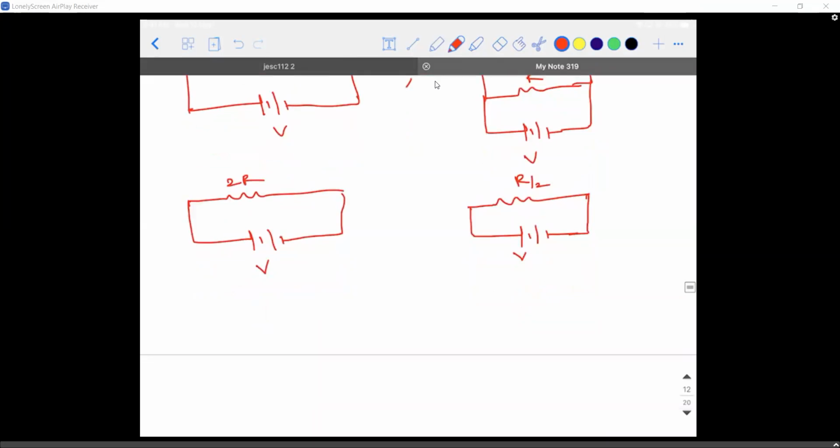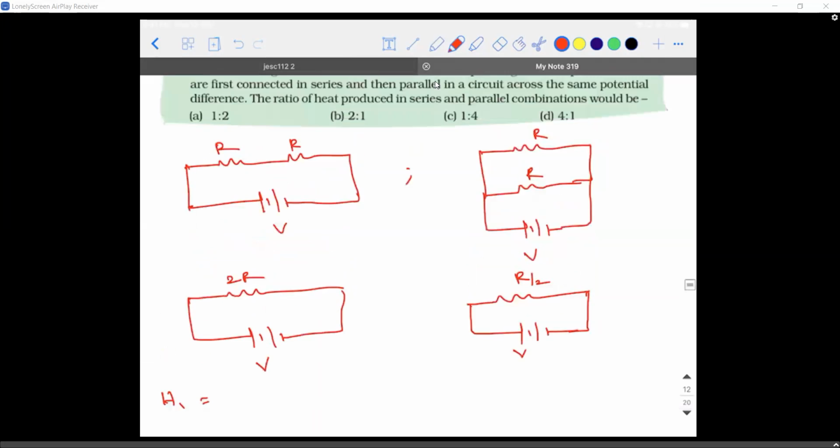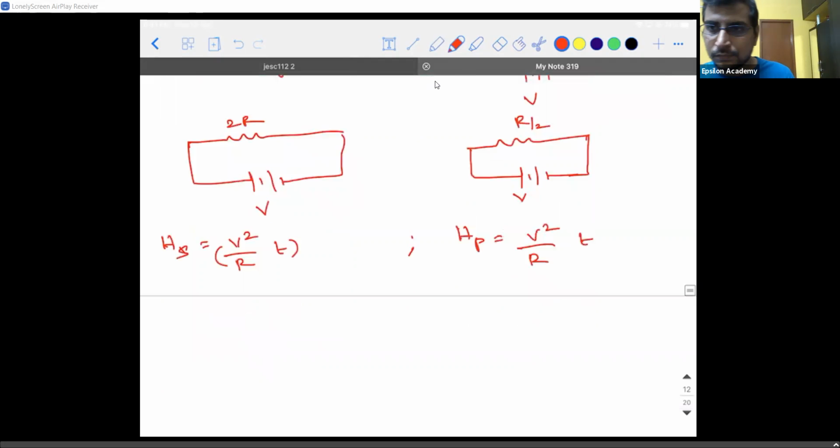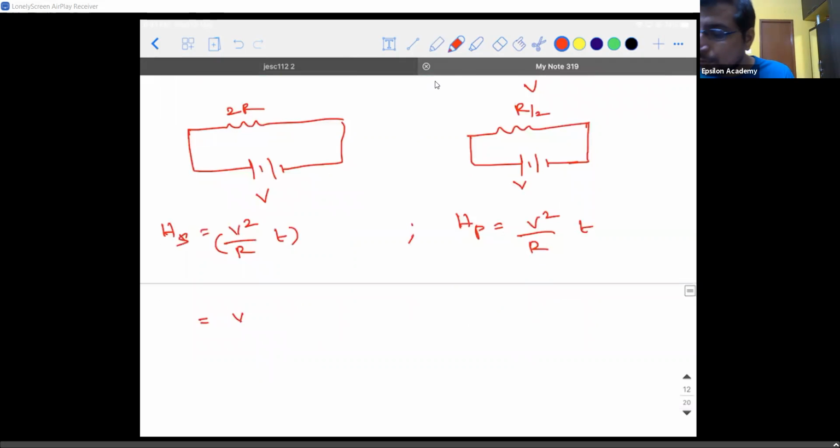Okay. So heat in the first case will be, I can either use I square RT or V square by R into T also. So this is heat in series. What about heat in parallel? It is also V square divided by R into T. So V square divided by, in the place of R, what should I write? 2R into time.